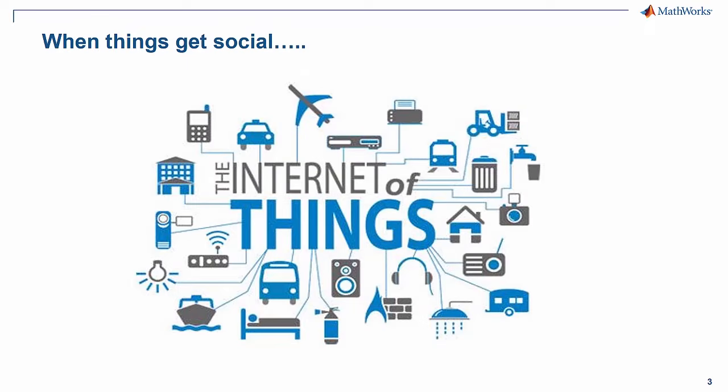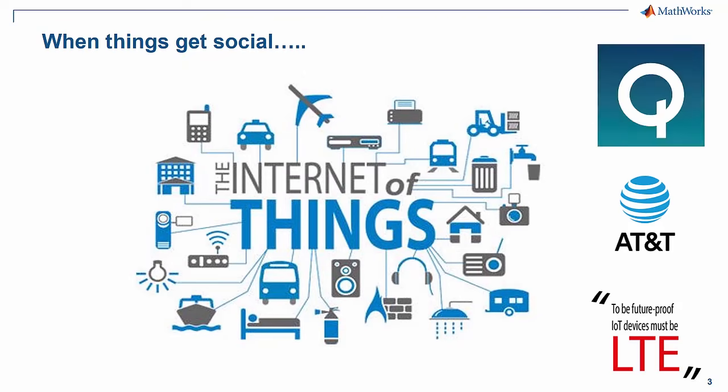And therefore, we are already living in the era of Internet of Things, where things are trying to talk to us, trying to talk to each other as well, communicating something. And while this communication happens, we want to ensure that the level of communication is top notch. The channel is nice. In fact, most of the companies around the world are now adopting LTE as the medium of communication for Internet of Things.